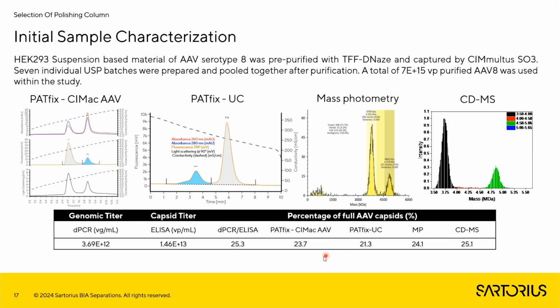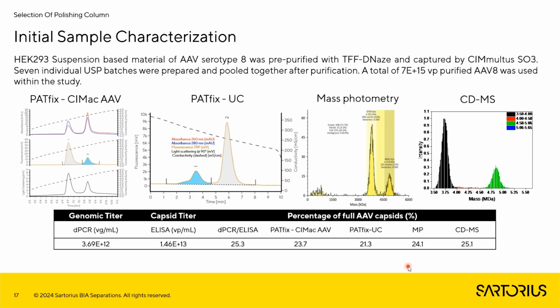And if we look across other analytics, we do see that they are more or less really in line, with the lowest number being 21% up to 25%. So although they're all orthogonal, having different approaches for the estimation, they really do show the same picture. And this is something that you want to see in your analytics.